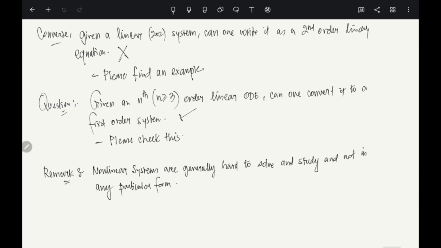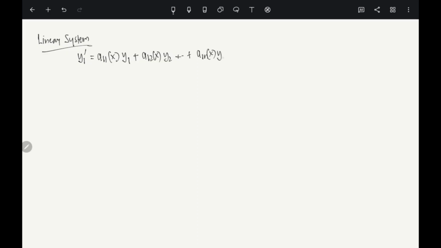So essentially what we are going to do is put some nomenclature down. If you have a linear system, write it like this: y1 prime is a11 of x y1 plus a12 of x y2 up to a1n of x yn.